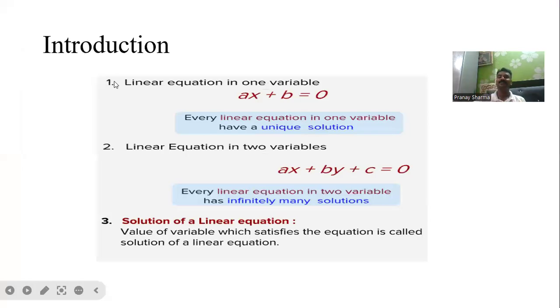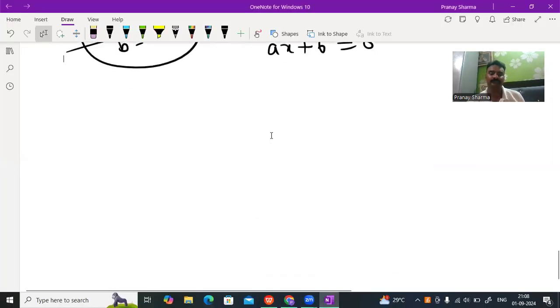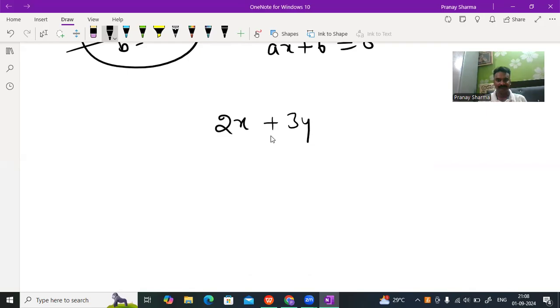What about linear equation in two variables? We have a different format, ax plus by plus c equals 0. Now let us consider this as well. Let us say if we have 2x plus 3y equals, let us say, 5.